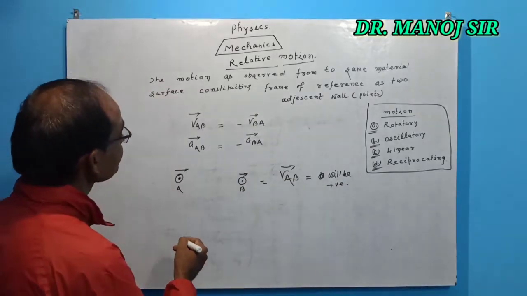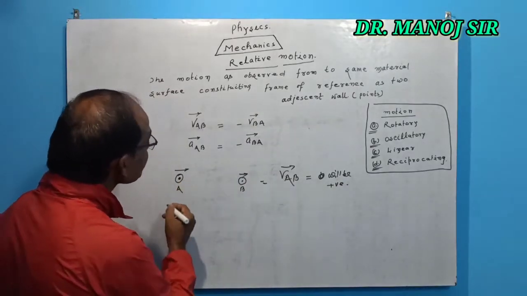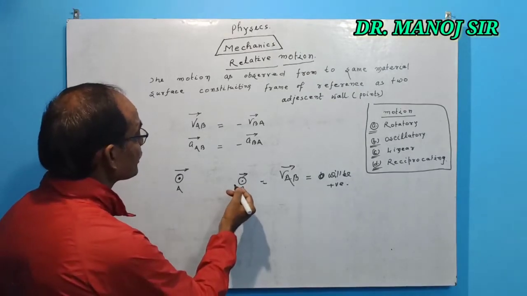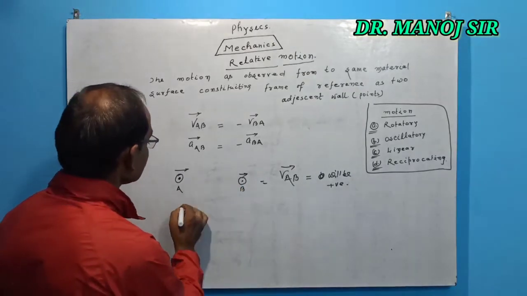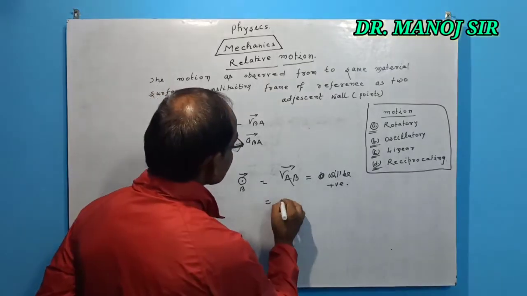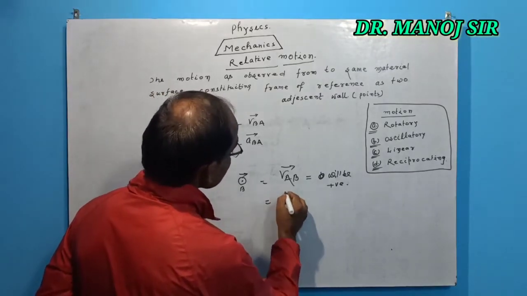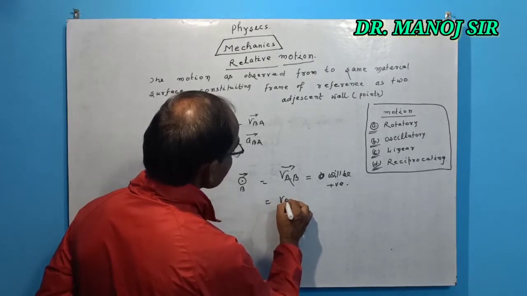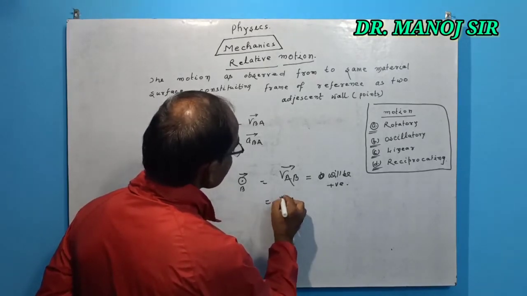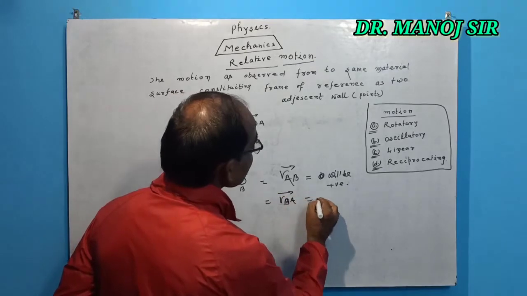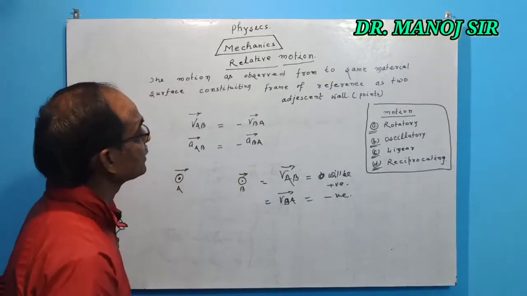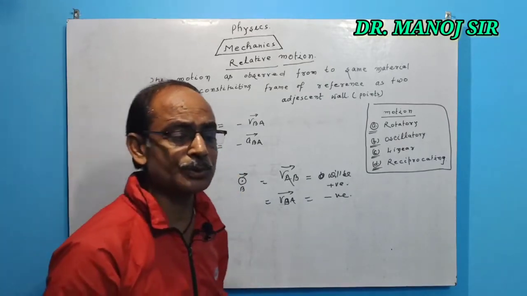If the directions of the two bodies are different, then V_BA will be negative. Similarly, the accelerations are also negative.